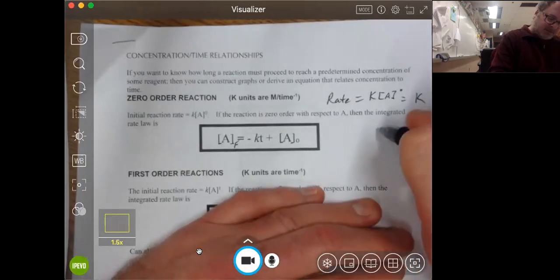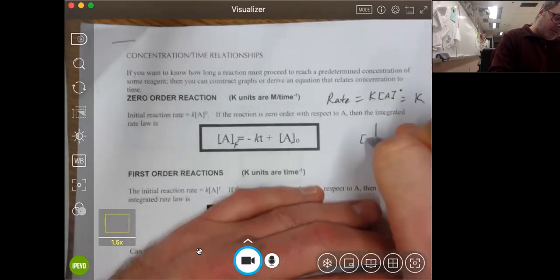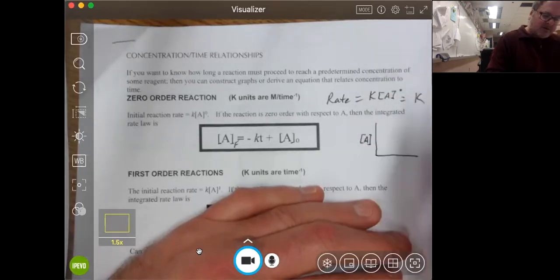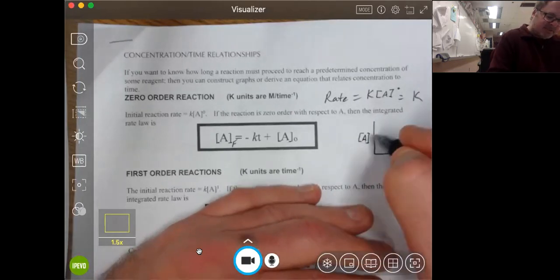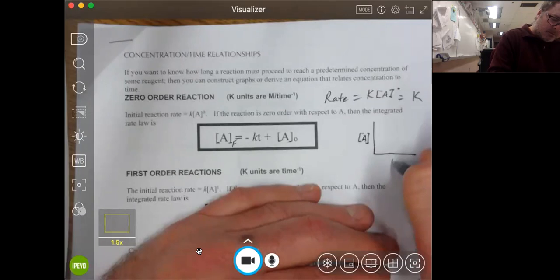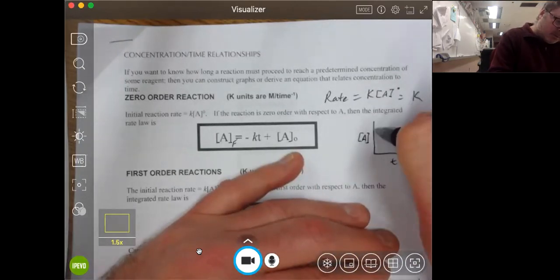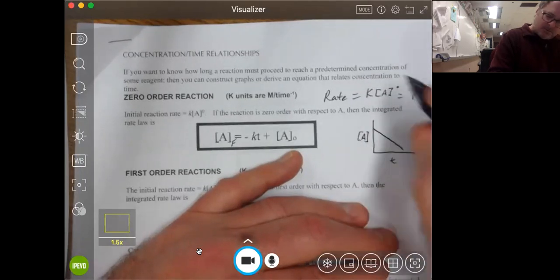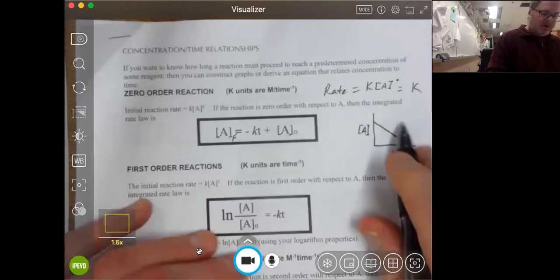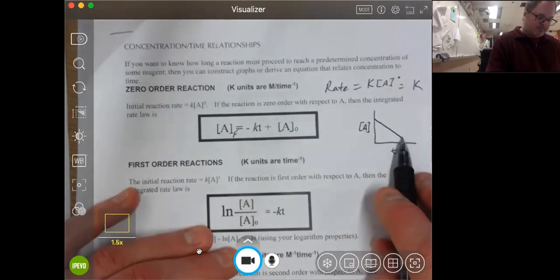So if we take a look, remember we're dealing with the concentrations of the reactant. So that means that as time goes on, the concentration of the reactant goes down. For a zero order, then what we're going to end up getting is basically a slope going down this way.